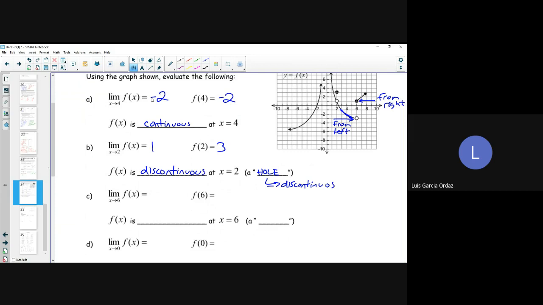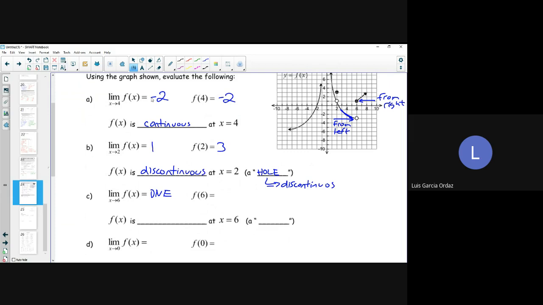Thank you, Priyanshu. So the limit as x approaches 6 from the right is not equal to the limit as x approaches 6 from the left. So as you can see from the left, it approaches a y value of -3. And from the right, it approaches a y value of +1, which means that the limit from the right is not equal to the limit as it approaches 6 from the left.